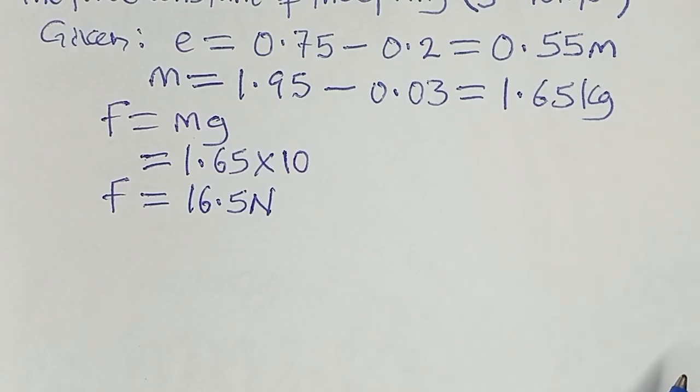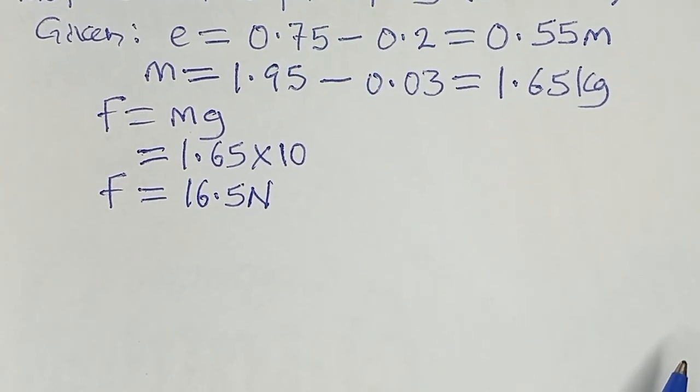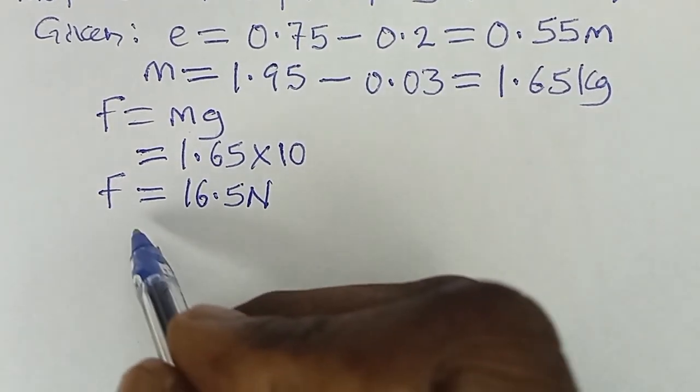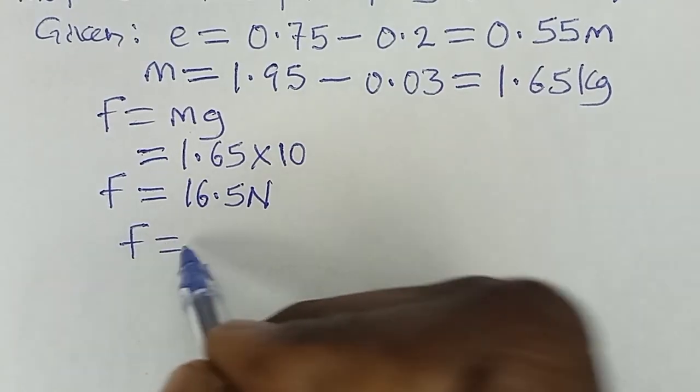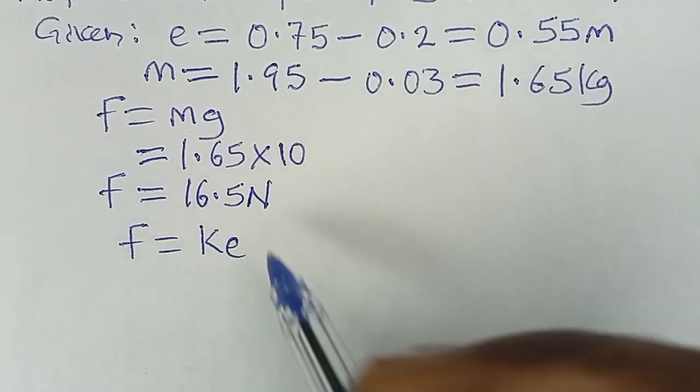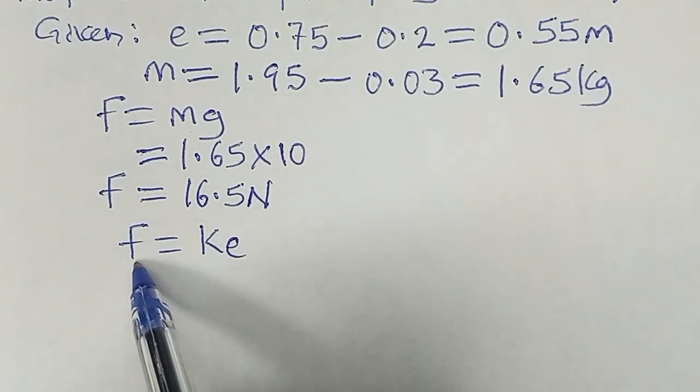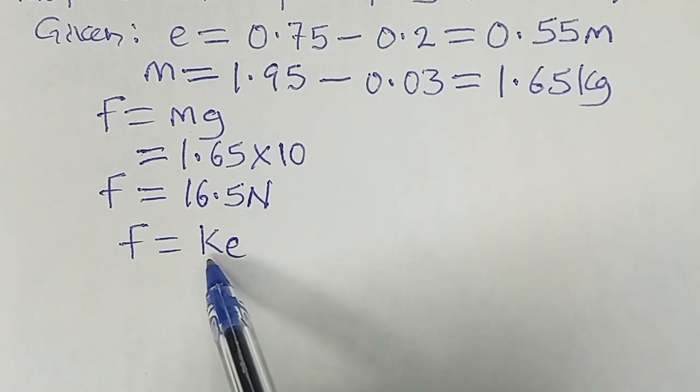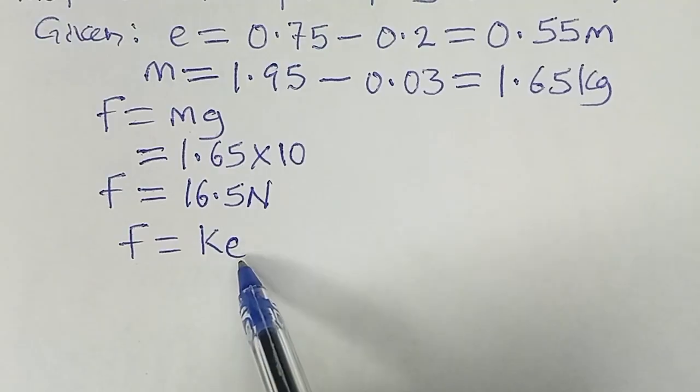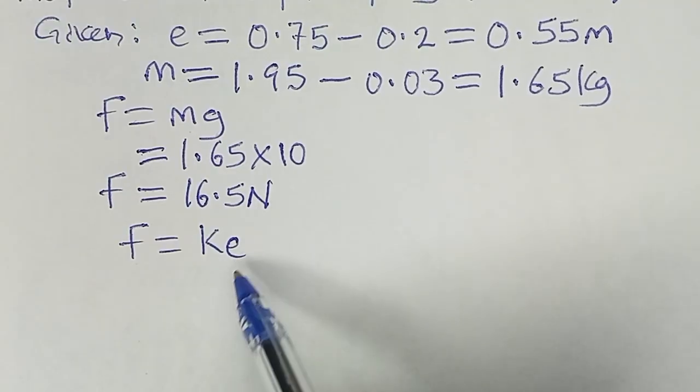So now let's recall the formula from Hooke's law, that F is equal to K e, where F is the resultant force, that's the force acting on a spring, K is the force constant, and e is the extension produced.